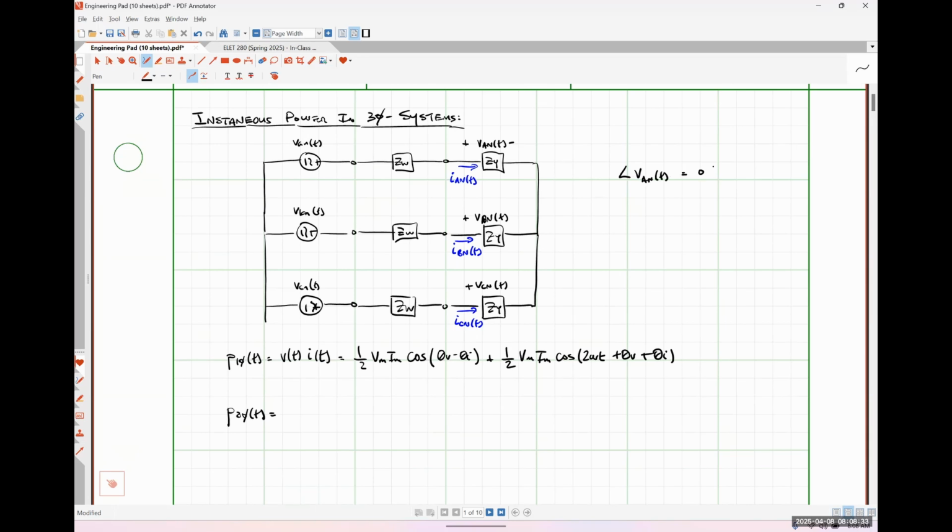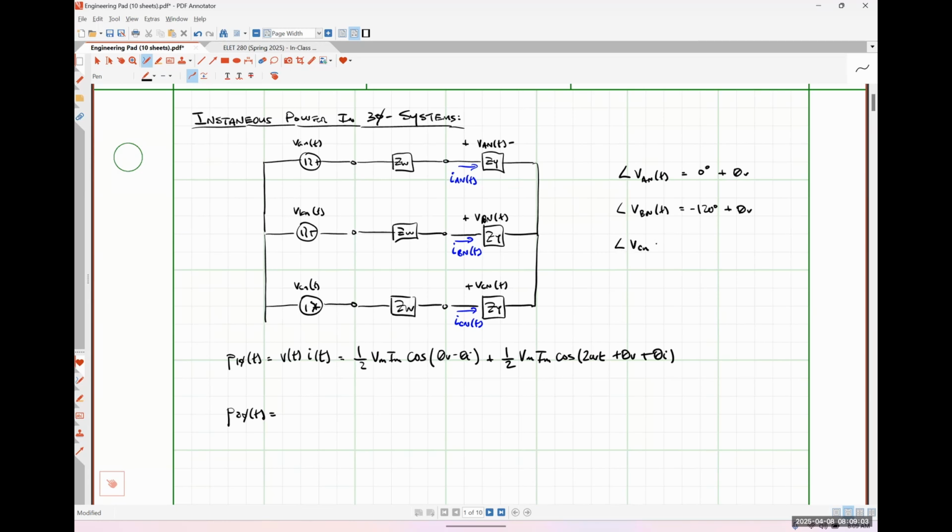is going to be 0 degrees plus some theta v. The phase angle for VBN is going to be negative 120 degrees plus some phase angle theta v.